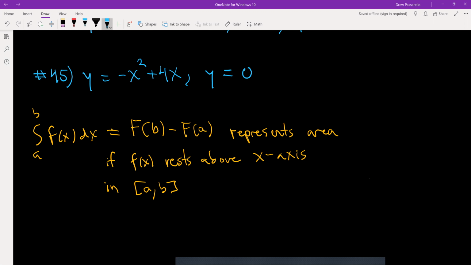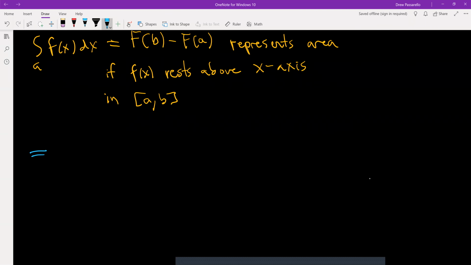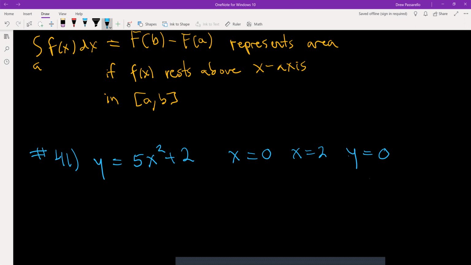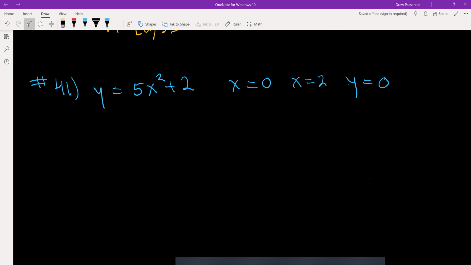So for number 41, I'm going to sketch a rough graph, just to visualize what's going on.